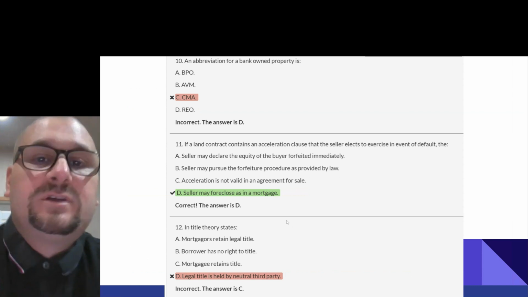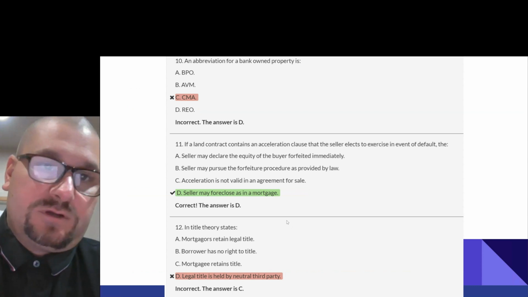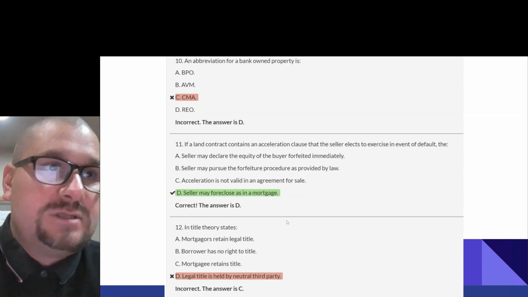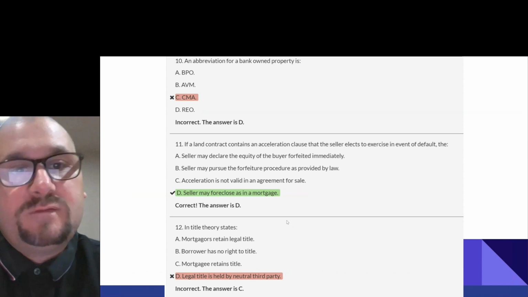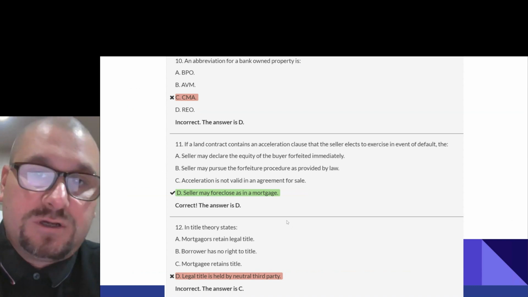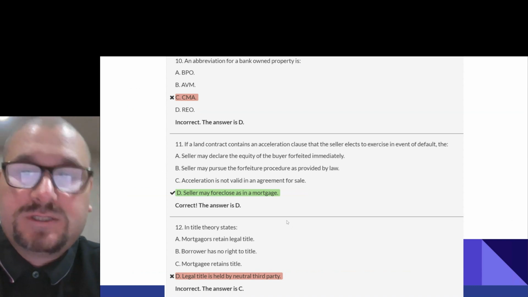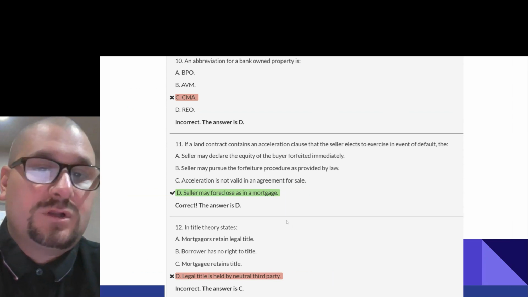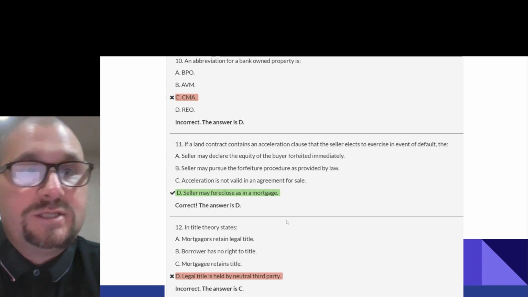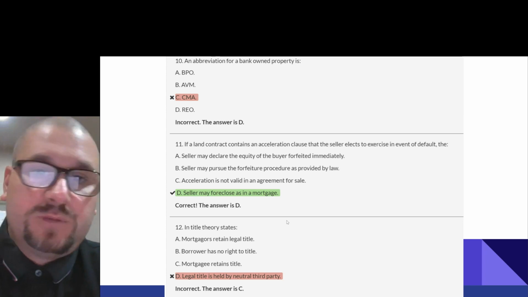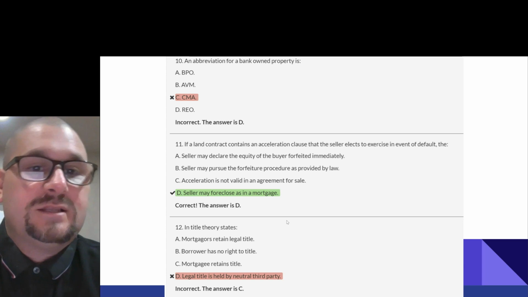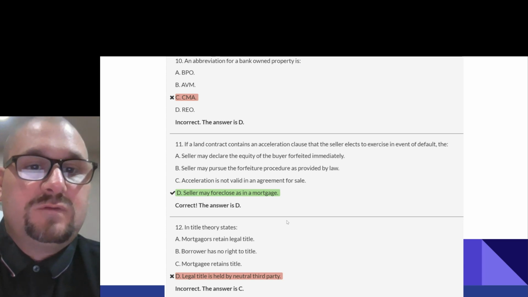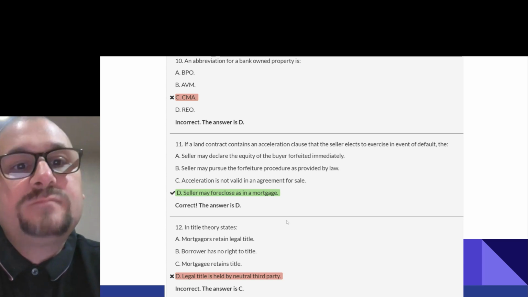If you sell or change the name of your title, then the acceleration clause can become due on demand. But if your land contract contains an acceleration clause that the seller elects to exercise in event of a default, the seller may foreclose as in a mortgage, right? That's pretty much what an acceleration clause does. It allows the seller to foreclose as in a mortgage.